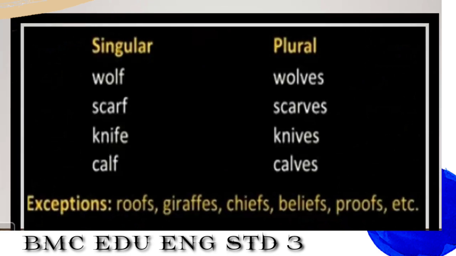Scarf, scarves. Knife, knives. Calf, calves. But some exceptions are there. For example, roof, giraffe, chief, belief, proof. We add here s to make its plural form.